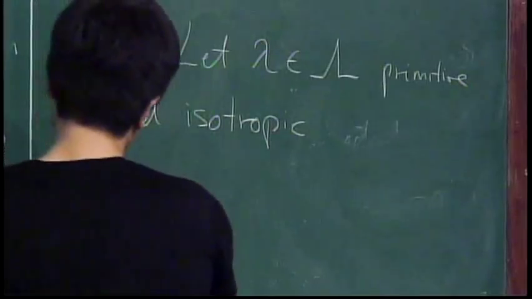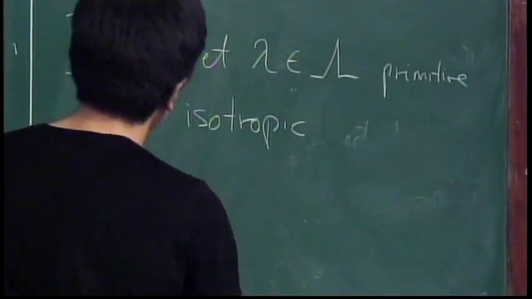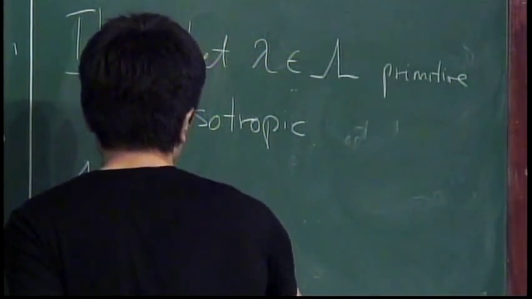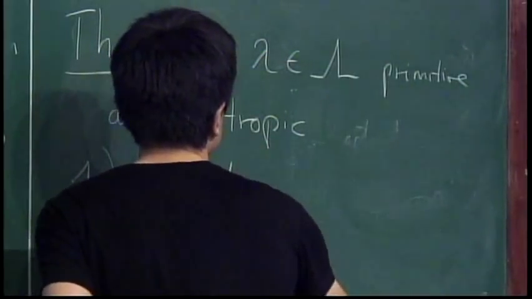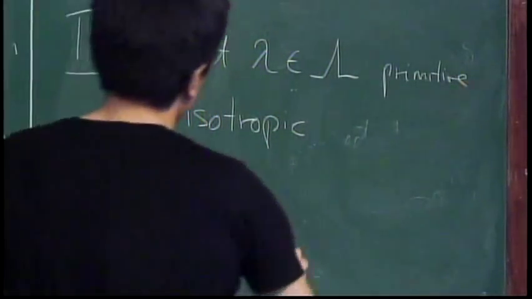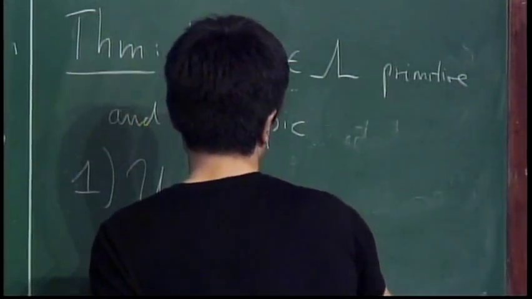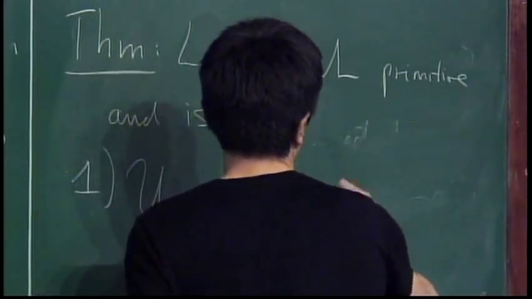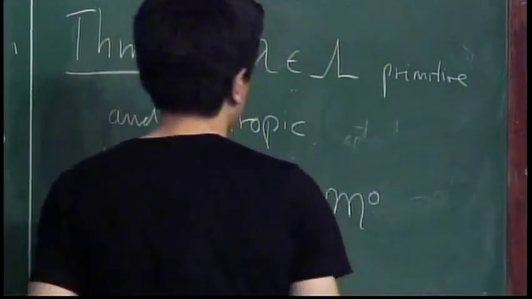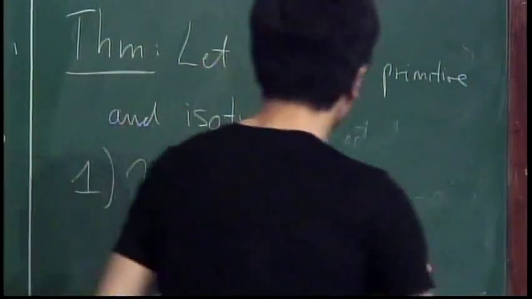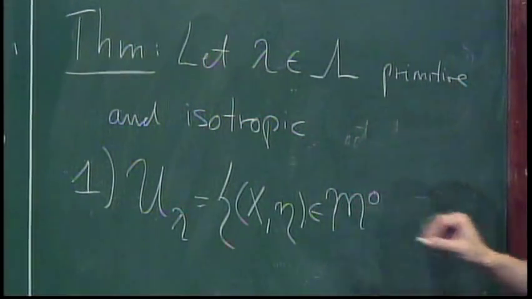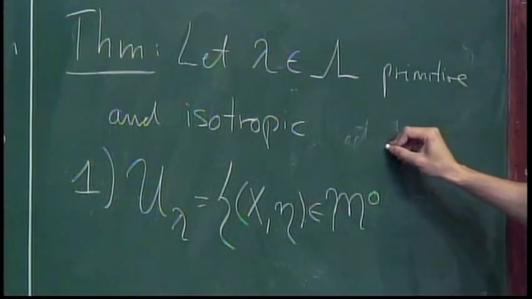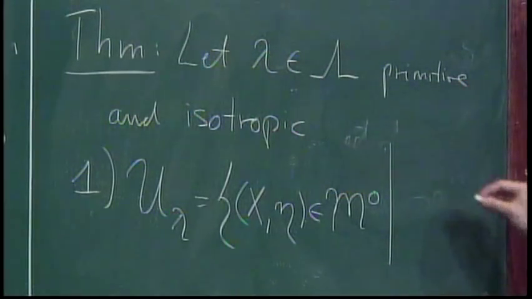Then the following U_lambda is defined as all marked pairs in M0, so in this fixed connected component of the moduli, with the following.